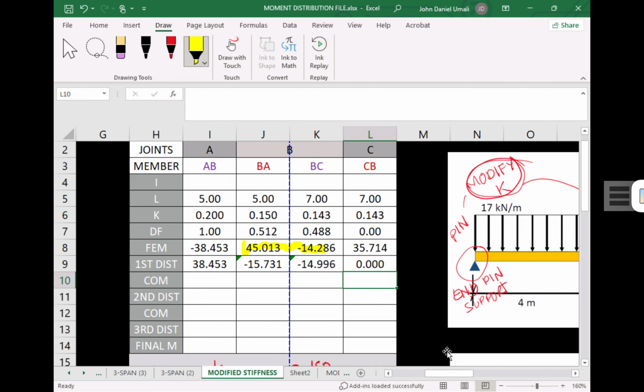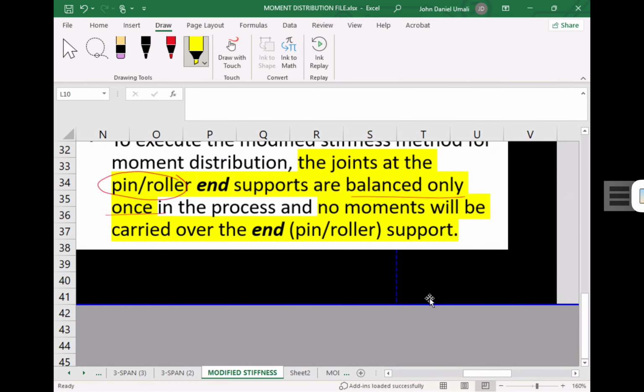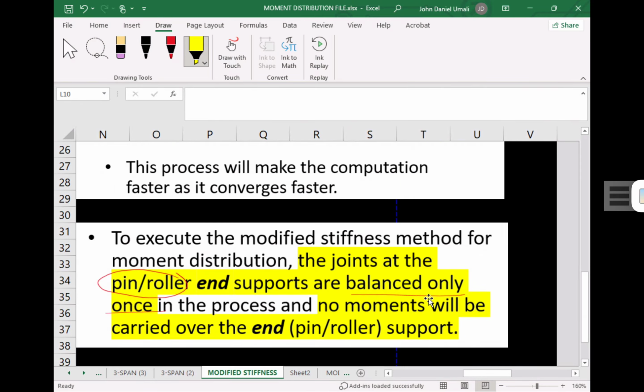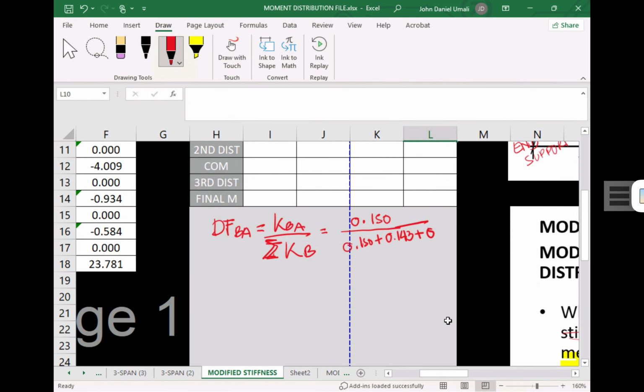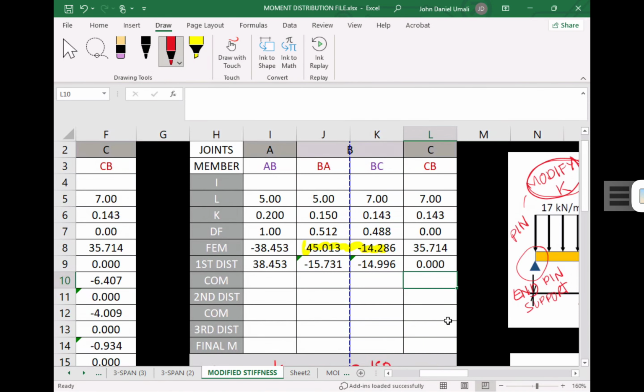So, and then next step, sabi is you carry over. Wala ka nang i-carry over dun sa end support na pin and roller. So, no moments will be carried over at the end support. Okay? So, yun yung magbabago ngayon. So, saan ba yung end support na pin and roller natin?